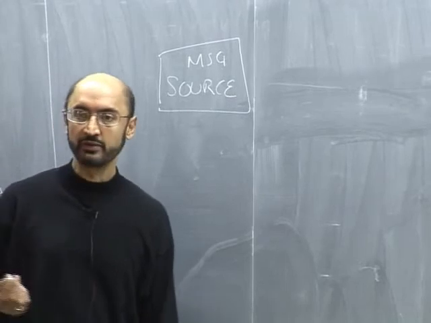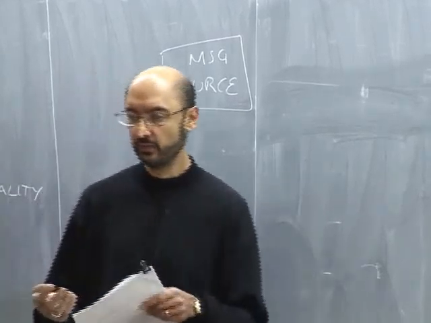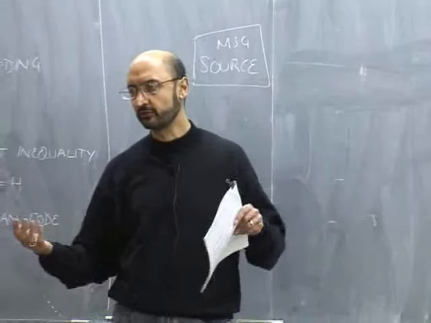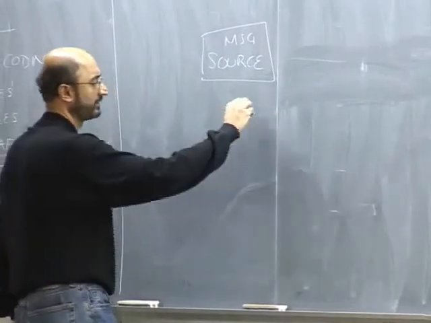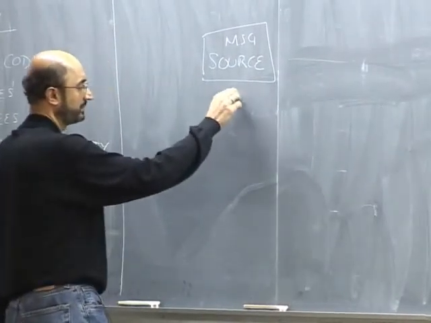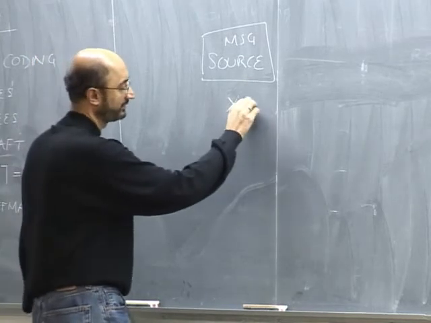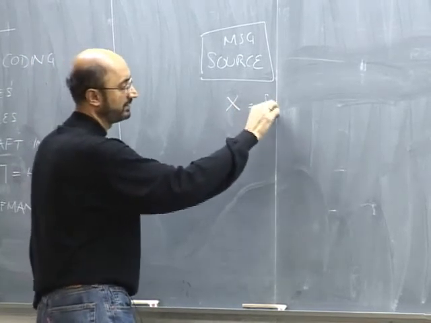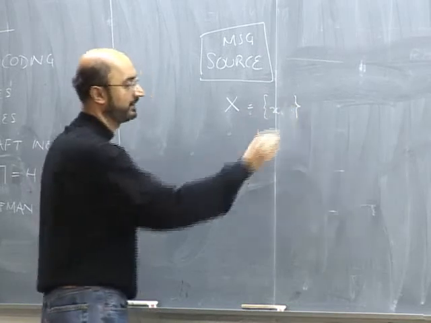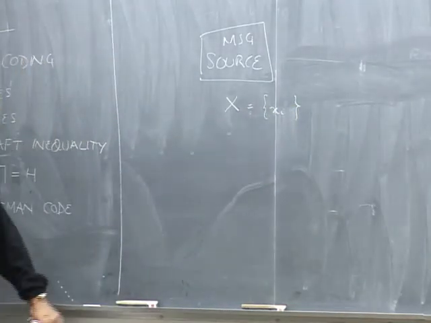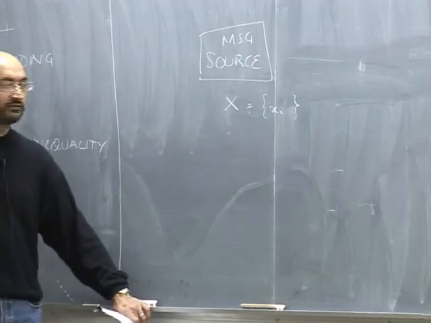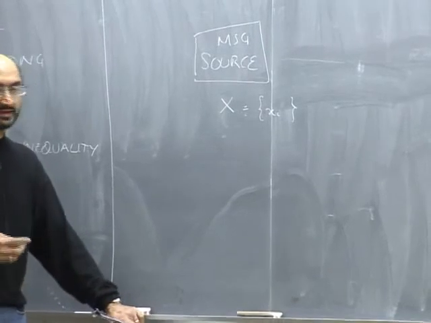Last time when we talked about message sources, we discussed this notion that a message source creates messages, and we depict a message source as a random variable x whose domain is this set of messages xi, which could be a finite or infinite set of messages, but we have a message set.